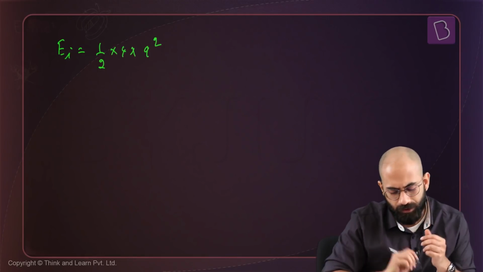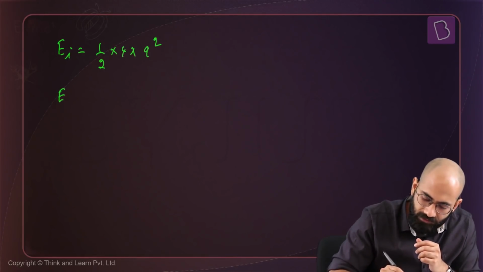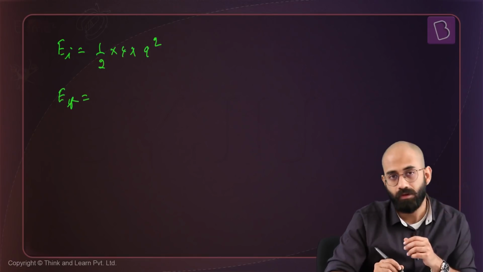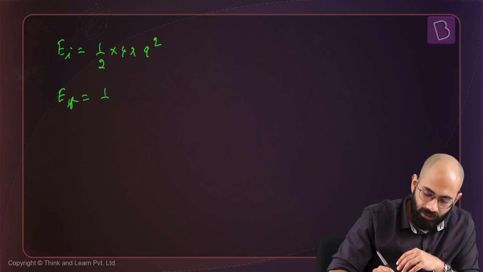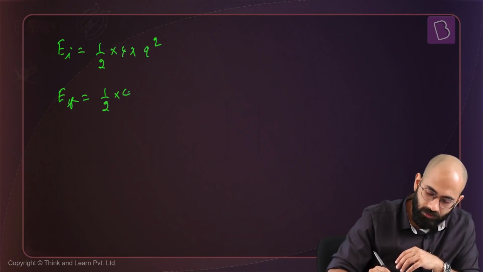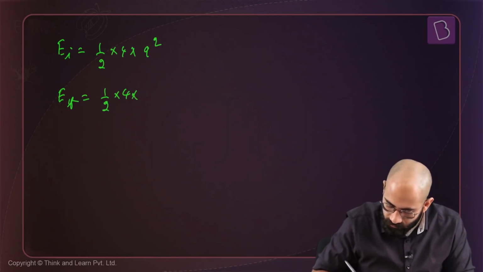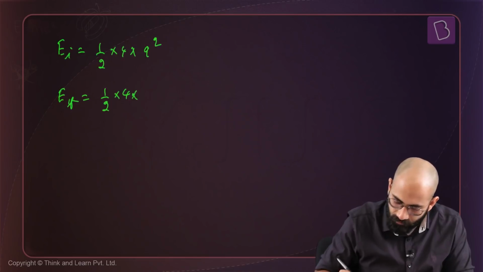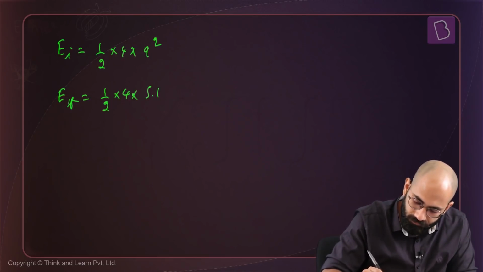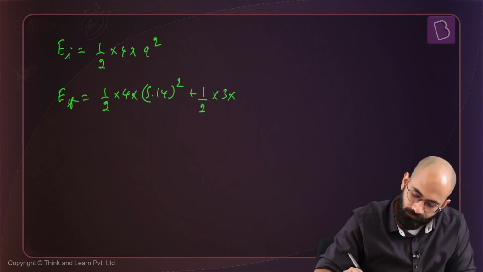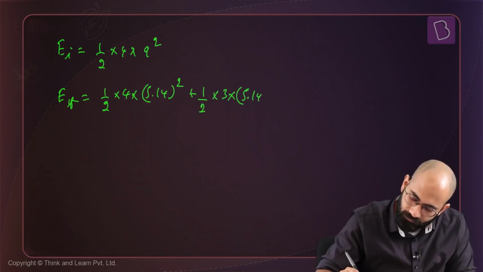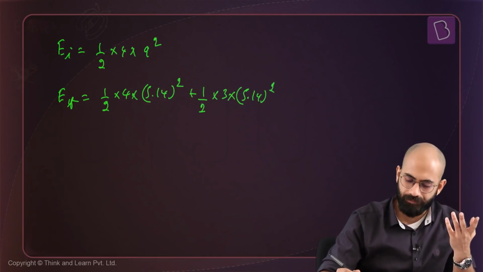Then the final energy of the system will be the kinetic energy of the blocks, which is half 4 into 5.14 squared, plus again half into 3 into 5.14 squared, 3 being the second block.